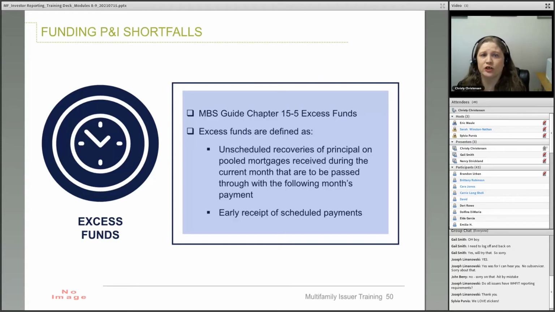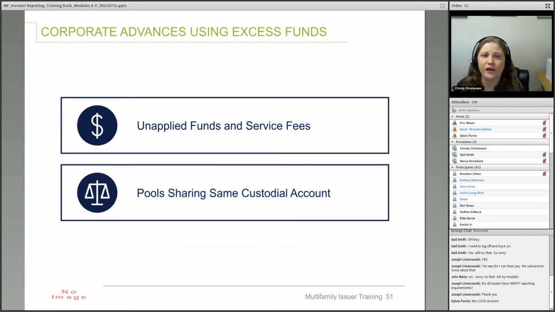Excess funds are unscheduled recoveries of principal on pools received during the current month that are not passed through until the following month's payments, and also prepayments. Please see MBS Guide Chapter 15-5. Corporate advances using excess funds are unapplied funds, service fees, and pools sharing the same custodial account.